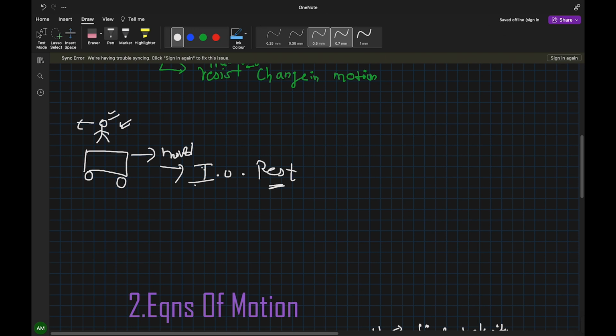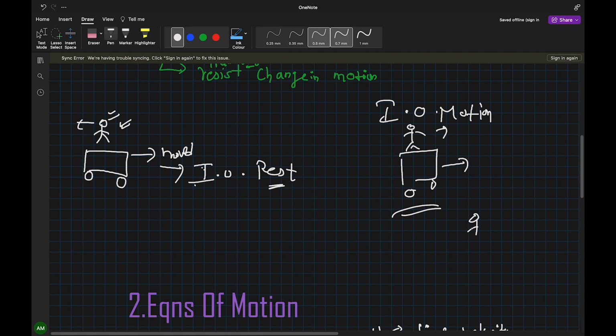What is inertia of motion then? Assume a car is moving and we are standing on the car. So basically you are also moving with respect to the ground. A person standing on the ground sees that you are moving.